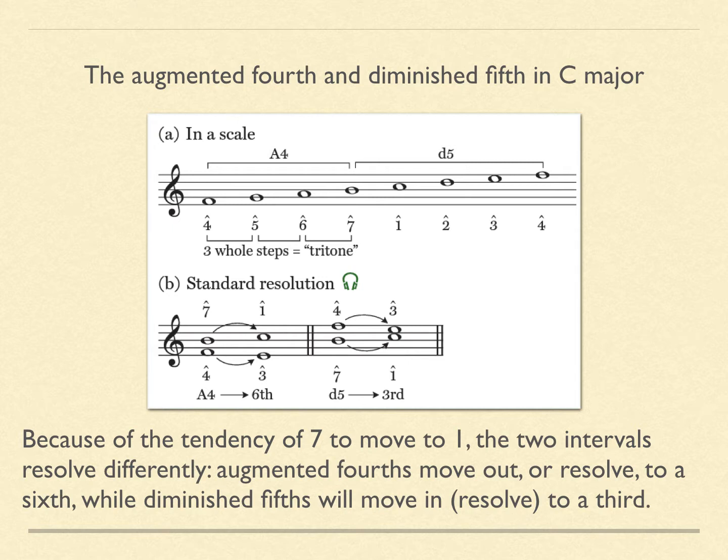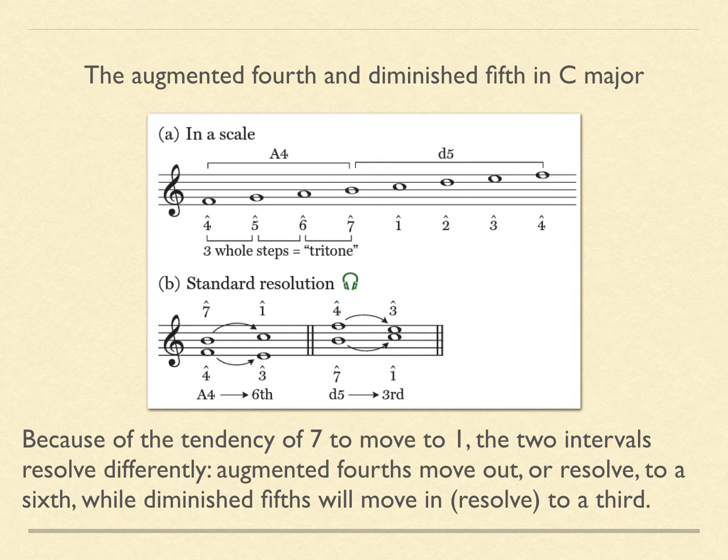So our augmented fourth has a half step pull in either direction, right? Ti goes up by a half step to Do, and Fa can come down by a half step to Mi. So the half step is what has really a strong gravity associated with it. So when you write this interval, a tritone, the ear is expecting it to go in a certain direction.